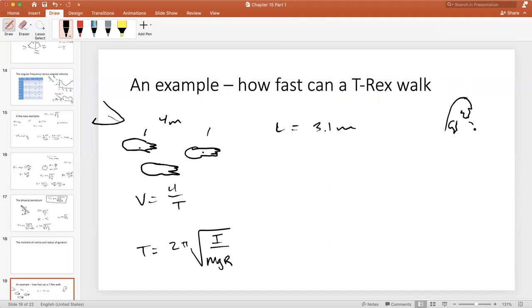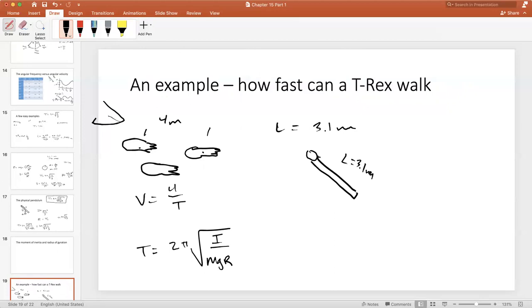And if we look at our T-Rex, which I can't draw tonight, with these big legs, right? I'm not going to draw it. But we assume that its leg is a uniform rod with a length of 3.1 meters.